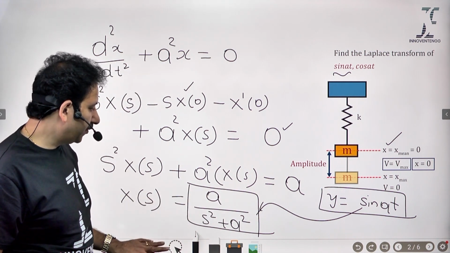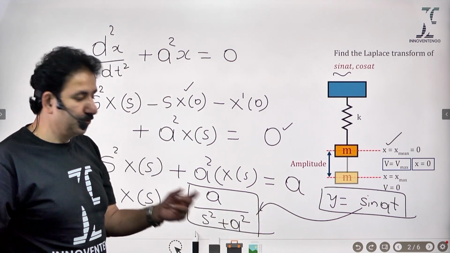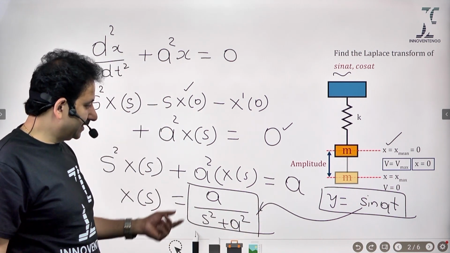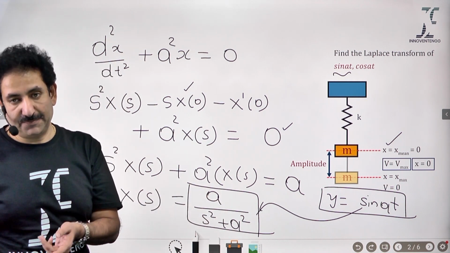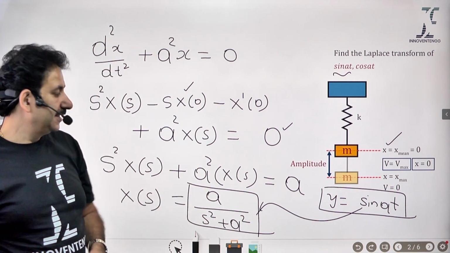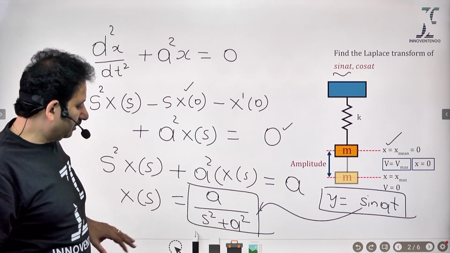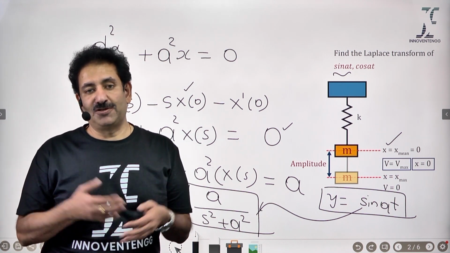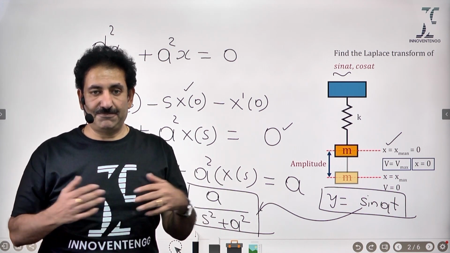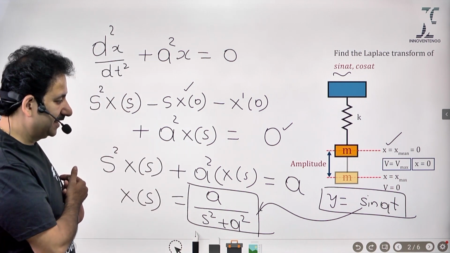What is very, very important here is that the natural frequency is a and amplitude is 1. So velocity is a into omega n, which is nothing but a, because 1 into a. So therefore that is what we have got. So now whenever you confront an expression for a Laplace transform, you will be able to relate that to particular physics. Of course, in some cases the physics could be complex, in some cases it could be very straightforward.